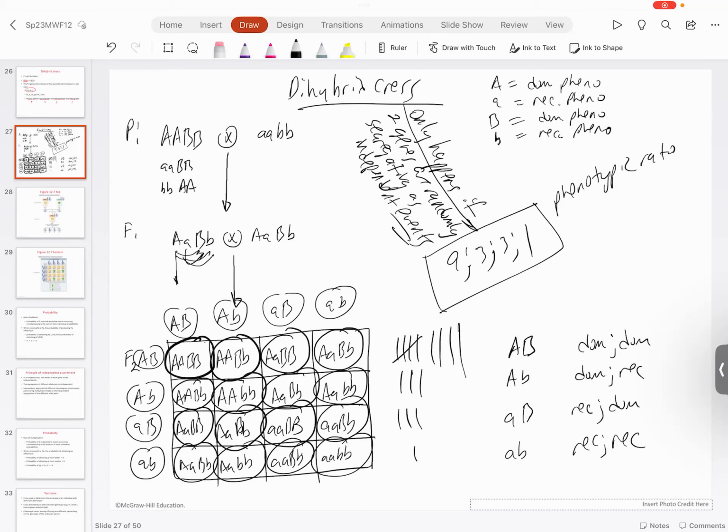What that basically means is that what's happening in gene A has no bearing on what's happening in gene B. They're independent events. So that's the only way you can get 9:3:3:1.